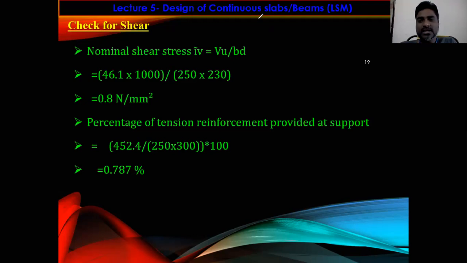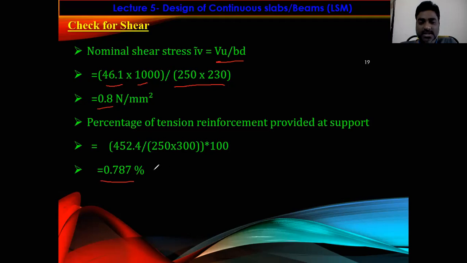So before calculating tau C and tau C max, first you need to calculate the nominal shear stress. As per IS 456-2000, the nominal shear stress is VU by BD. VU we got as 46.1 into 1000, that means converted into newtons, by the area of the beam, that is 250 into 230. We got 0.8 newton per square mm. And for calculation of tau C from the table, you need to calculate the percentage of steel.